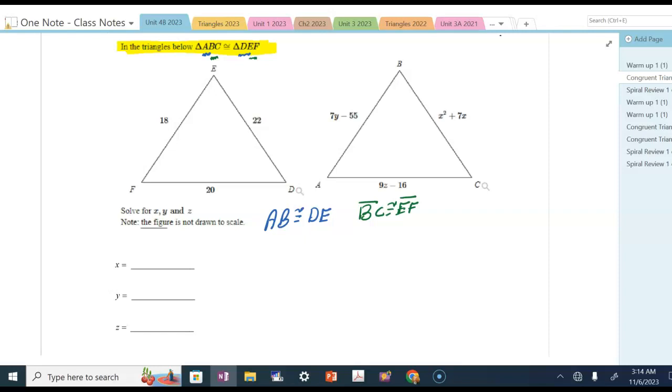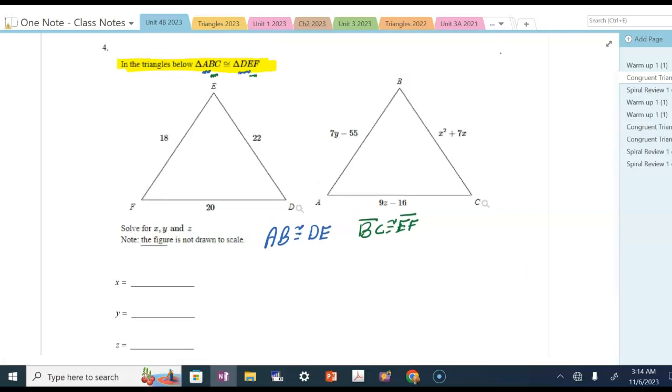And then the outside letters, AC and DF. So AC is 9z minus 16, and that's equal to DF, which is 20.